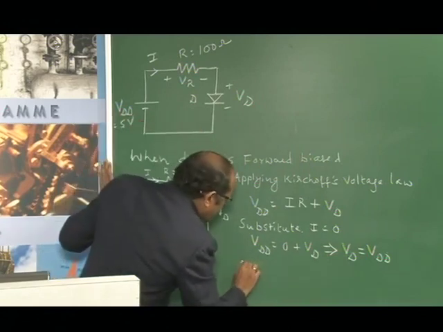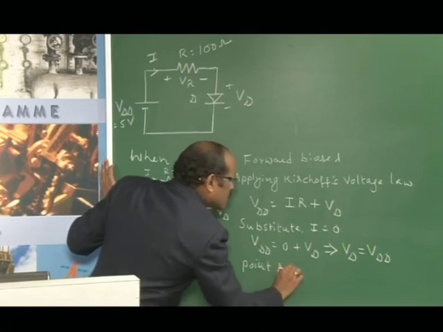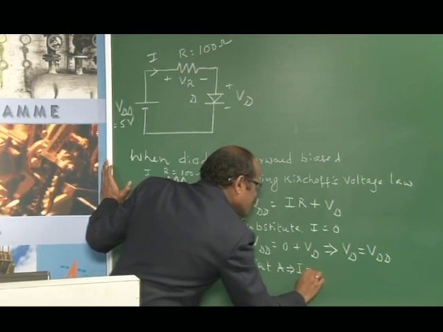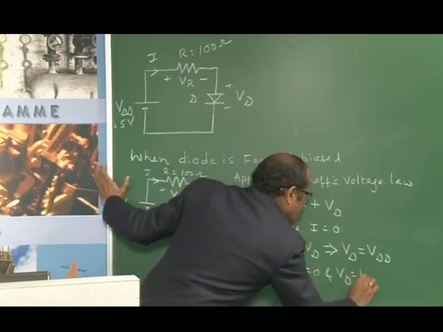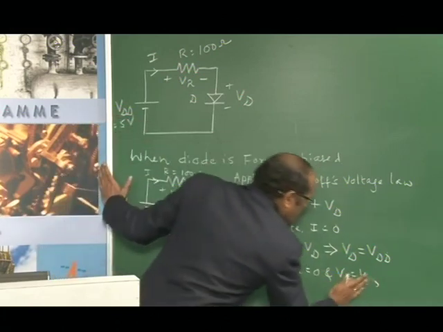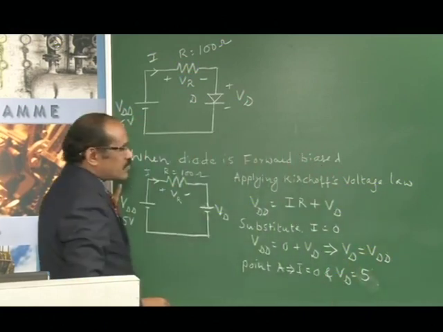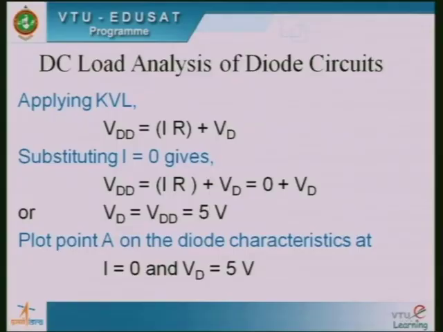So one point we get is called point A. Point A corresponds to I equal to 0 and VD equal to VDD, which is given as 5 volts. So this is the one point we get here.